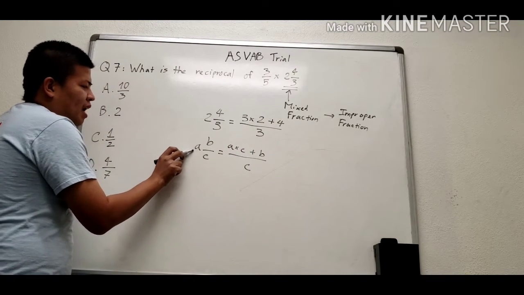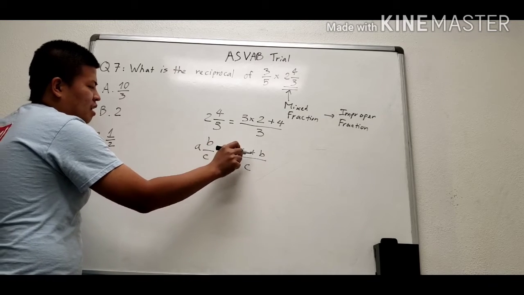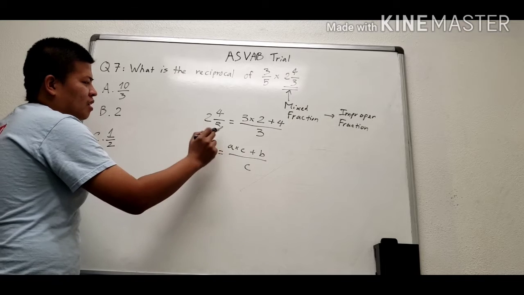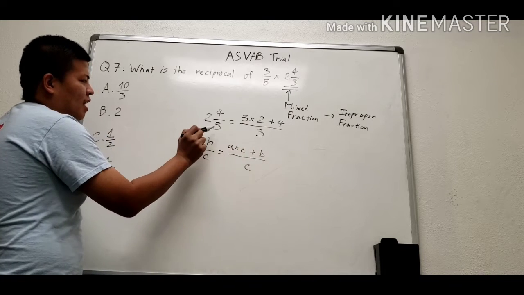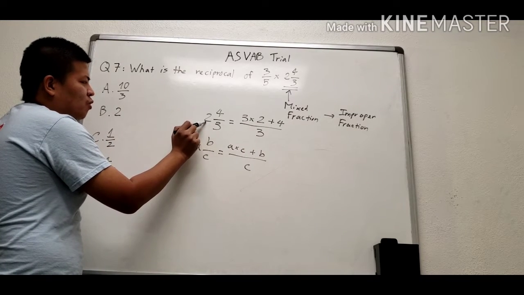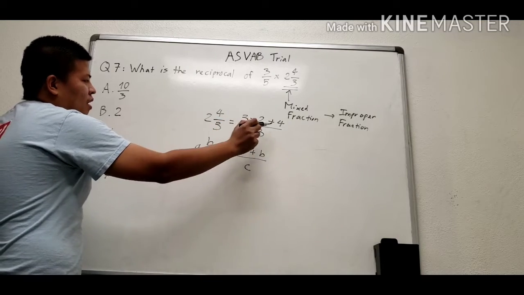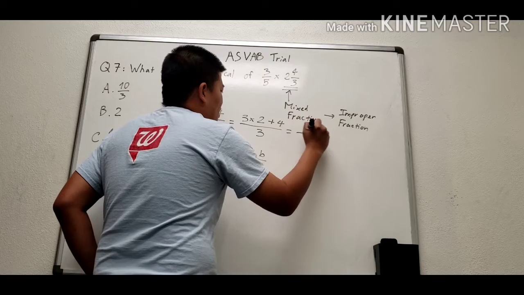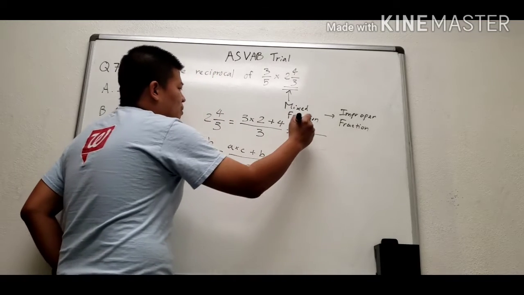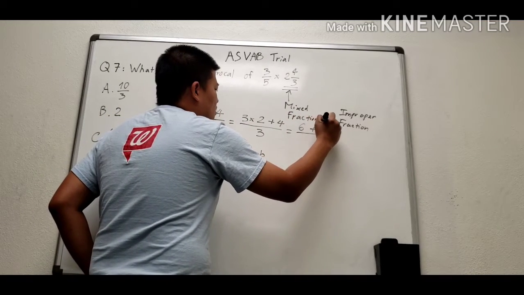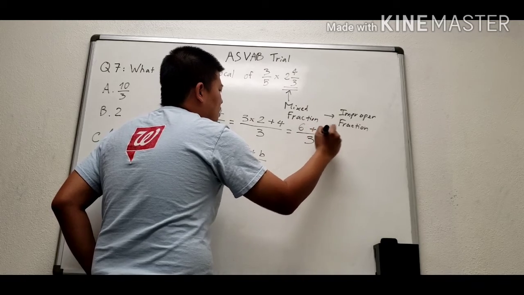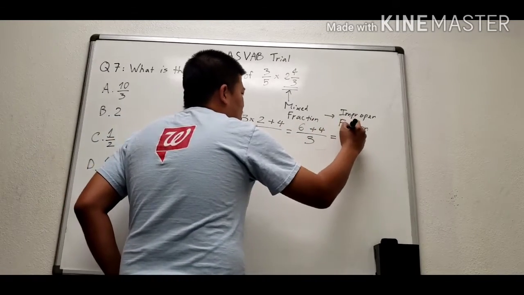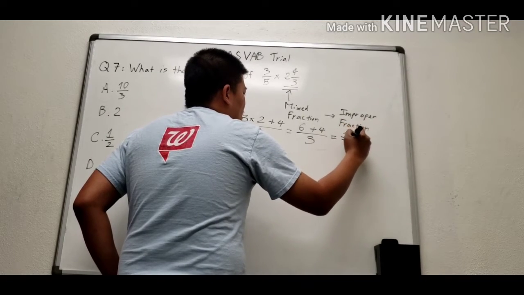The formula is C multiplied by A, plus B, in the numerator. We keep C the same, just like 3 with 3. So we have 3 multiplied by 2, which is 6, plus 4, which is 10, divided by 3.